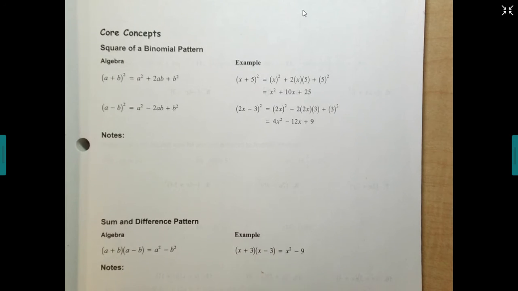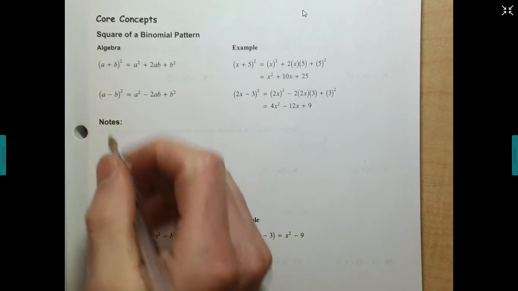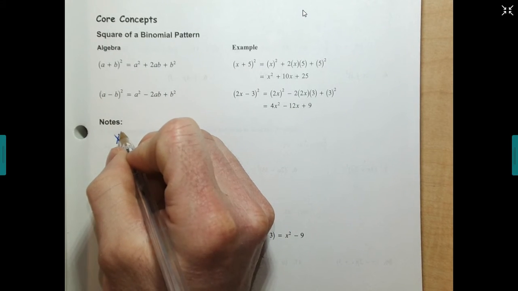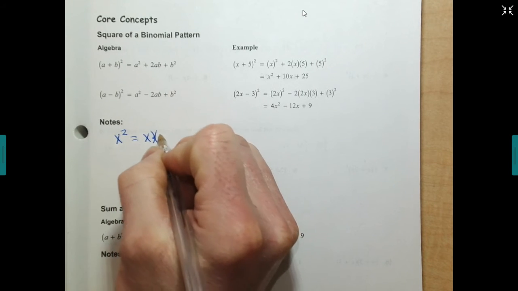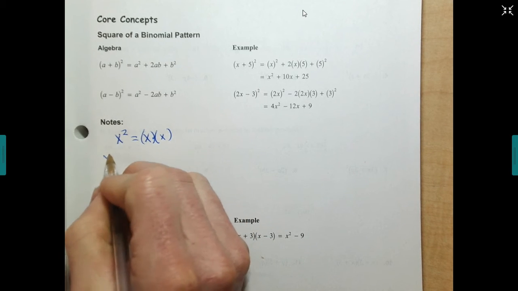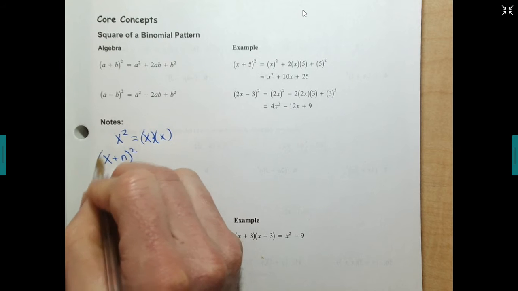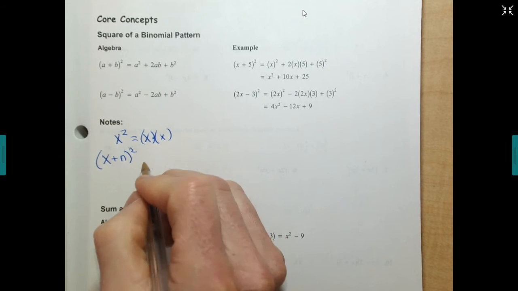All right. Now let's do one quick review. If you have x squared, that's x times x. If you have (x plus n) squared, you cannot just distribute it through. That is incorrect.